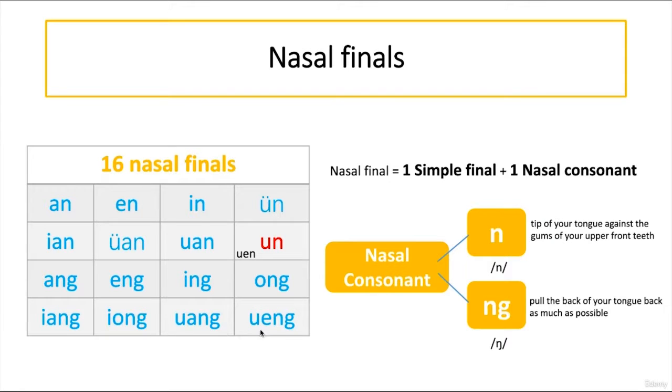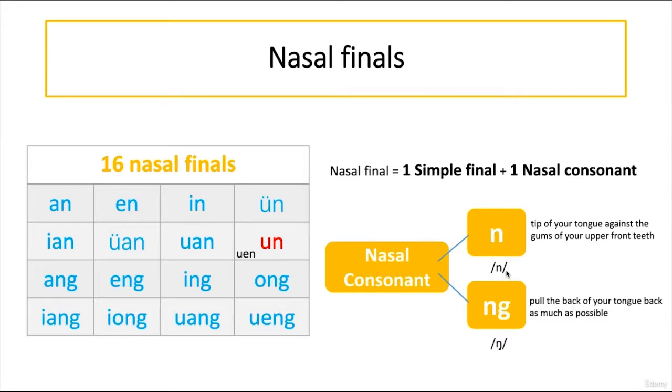Wen is written as un for short. For each nasal final, there is one simple final plus one nasal consonant, and there are two nasal consonants, n and ng. The sound of these two nasal consonants are similar to the ones in English.